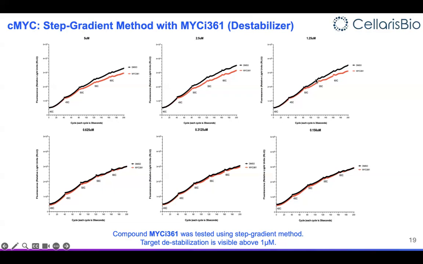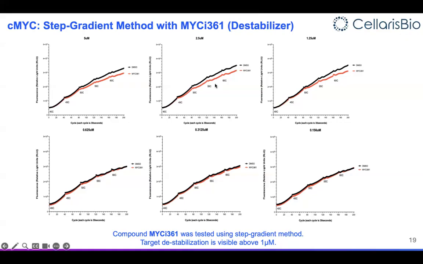So that with DMSO, you still get an increase in fluorescence generated, but in the presence of MycI361, you start to see a decrease in the amount of signal, suggesting that this is acting as a destabilizer for Myc.